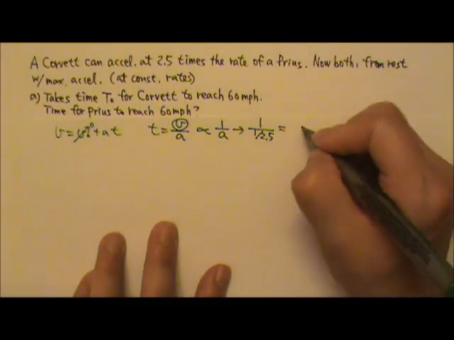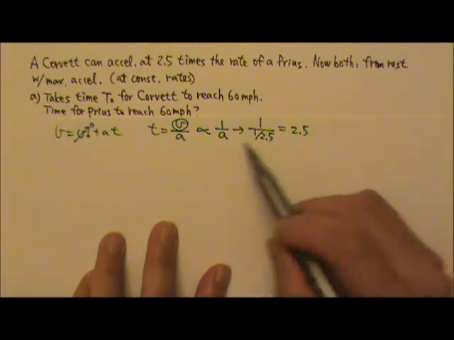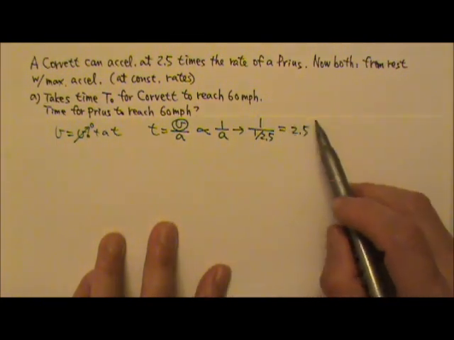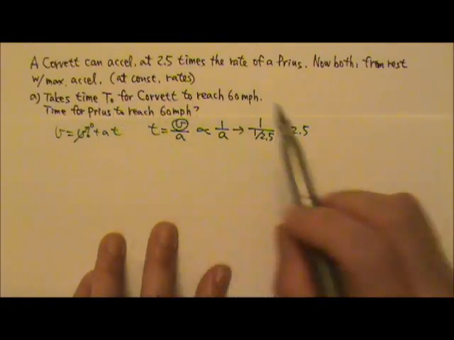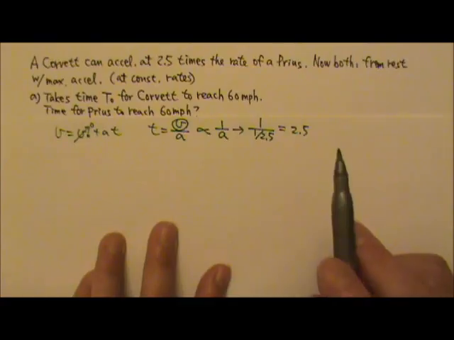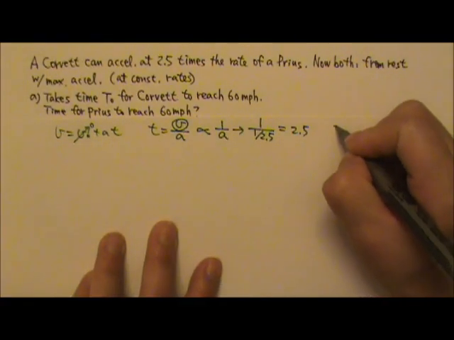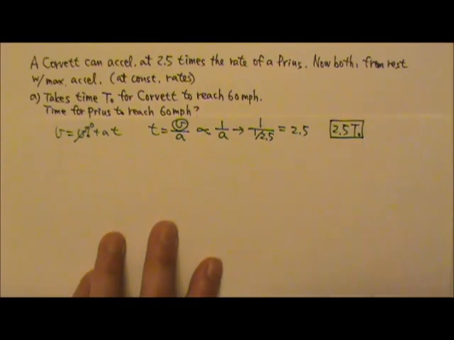So this gives me 2.5 times. That means the time changes by a factor of 2.5. The original time for the Corvette is t0. So you just have to multiply the t0 value by the factor by which it changes. So 2.5 t0 is the answer.